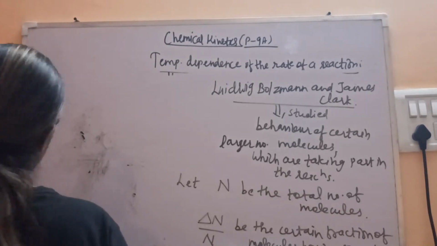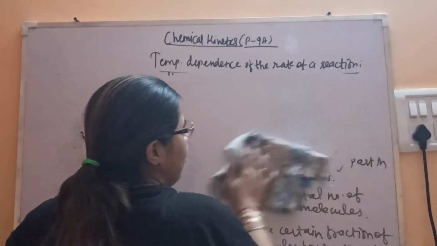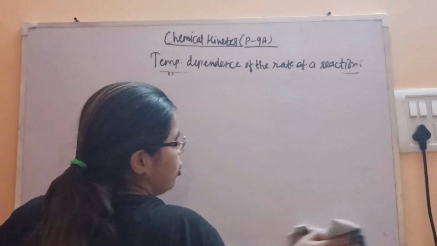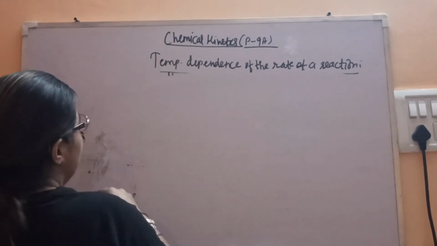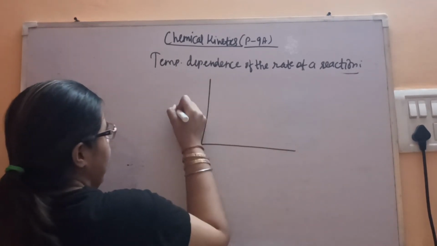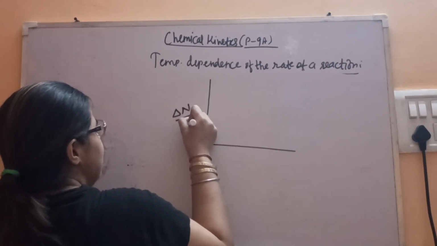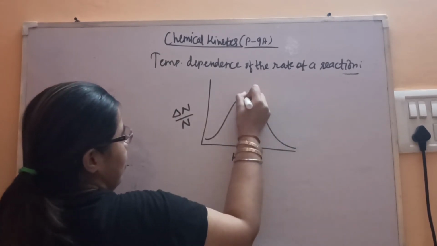Fine. Now let's plot the graph between this. We have plotted the graph between this fraction and kinetic energy. Here they have taken the fraction of molecules and here kinetic energy. So this type of graph they have observed. Fine.